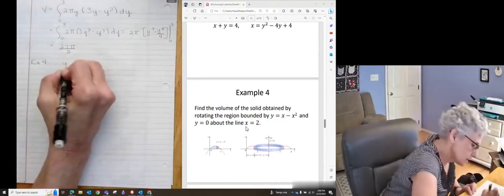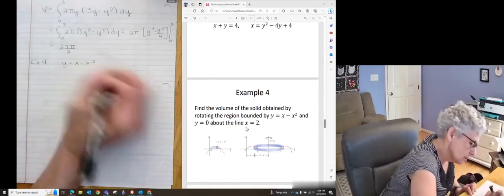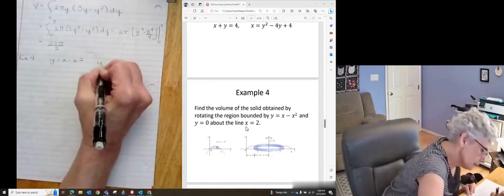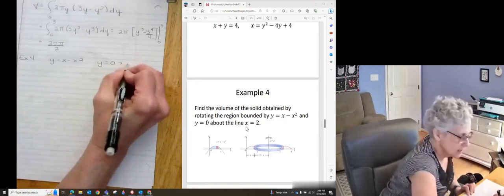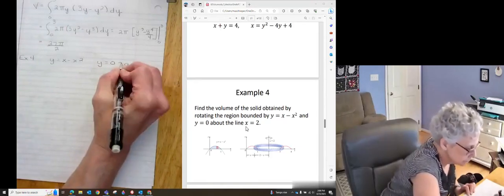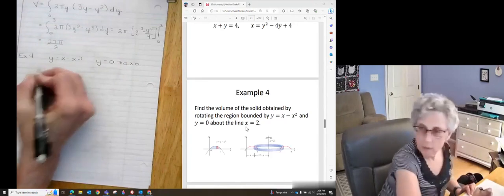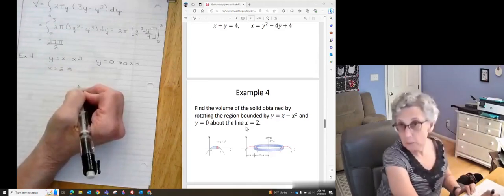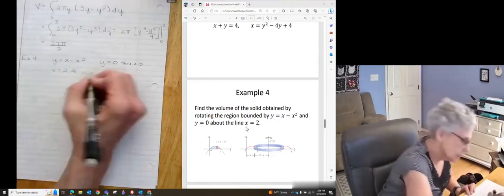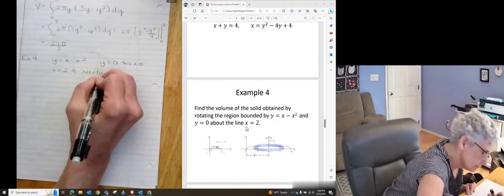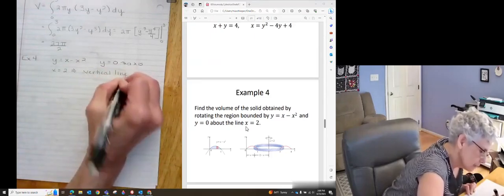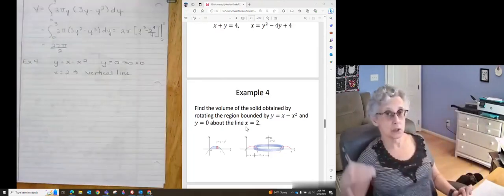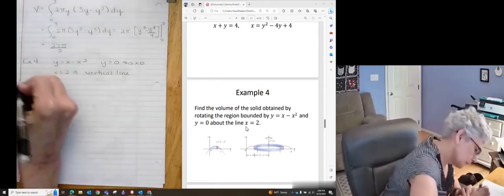We have y equals x minus x squared, and y equals 0. So that's the x-axis. And we want to go about the line x equals 2, which is a vertical line, so parallel to the y-axis, which means I want to integrate with respect to x.